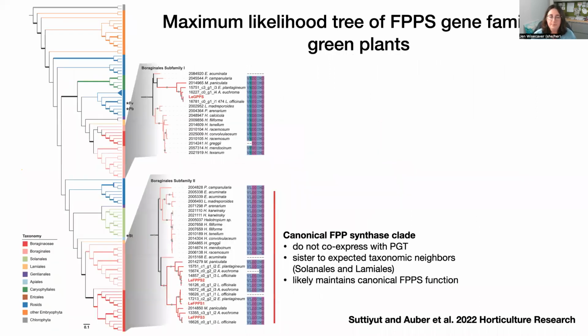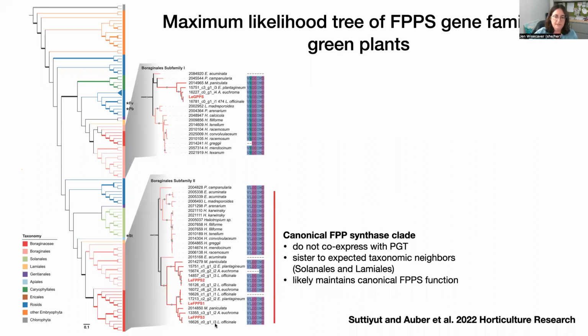So we performed a phylogenetic analysis of the FPPS gene family in green plants, and I'll focus on the canonical FPP synthase clade first. So here we have 3 genes in Lithospermum that fit in this canonical clade.